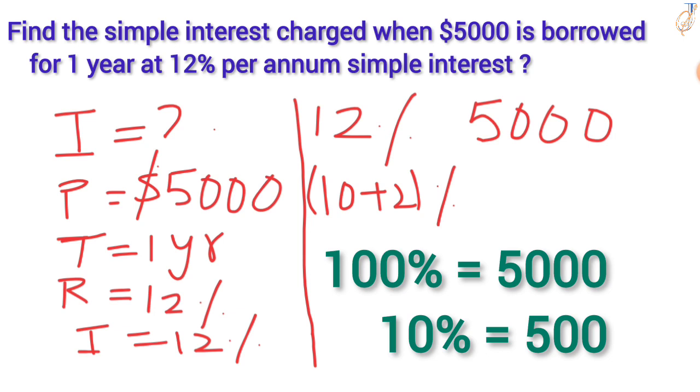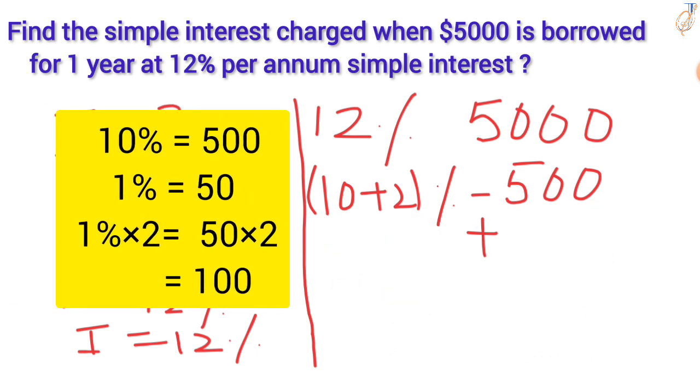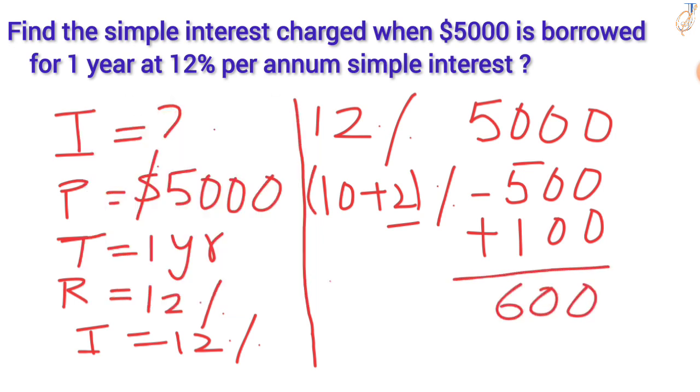What is 12% of 5,000? 100% is 5,000. 10% is 500, plus 1% is 50. What is 2%? 2% is 100. So 10% is 500, 2% is 100. After adding these two, we will get 600. So here they are asking only interest.